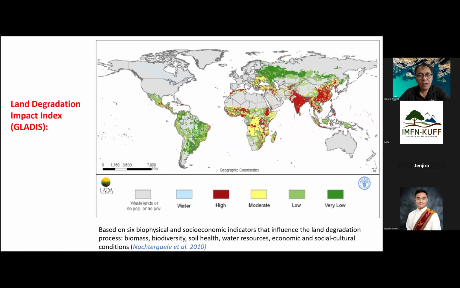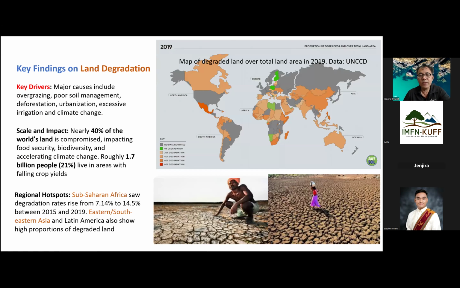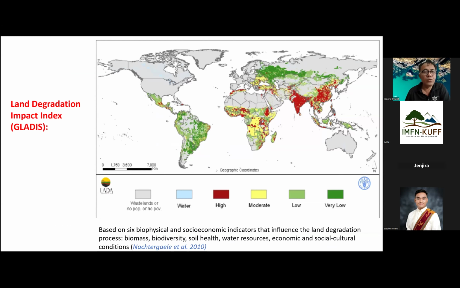So there are a lot of techniques to define land degradation. The previous map was showing only the proportion of land degradation over agricultural land, and this one shows the land degradation index based on 6 indicators, biophysical and socio-economic, including biomass.